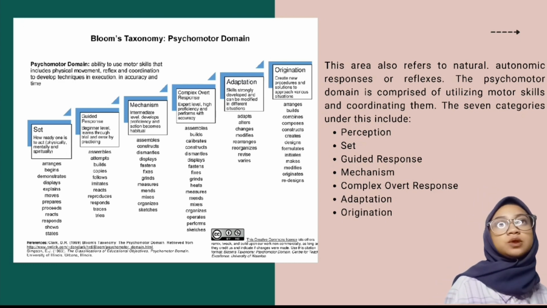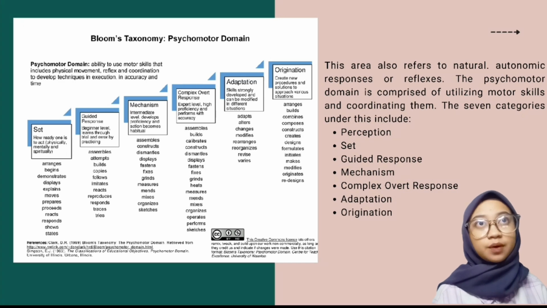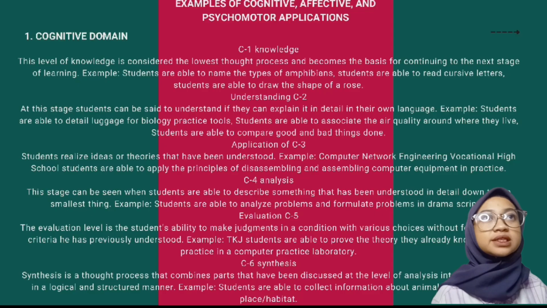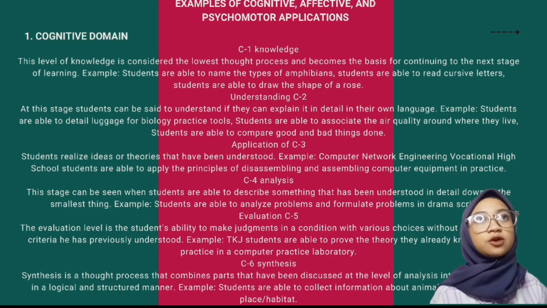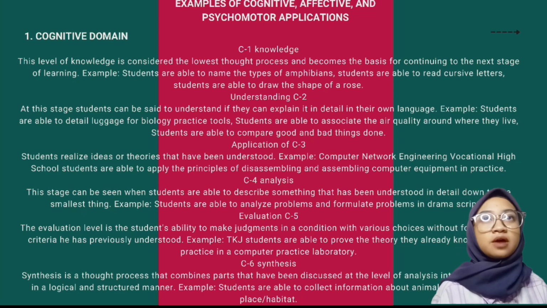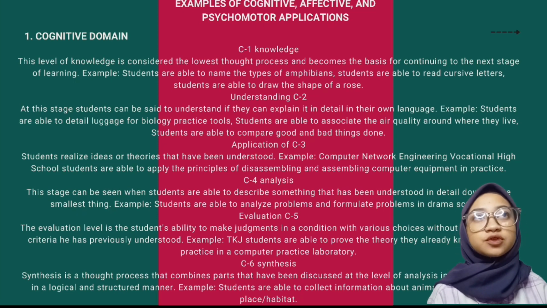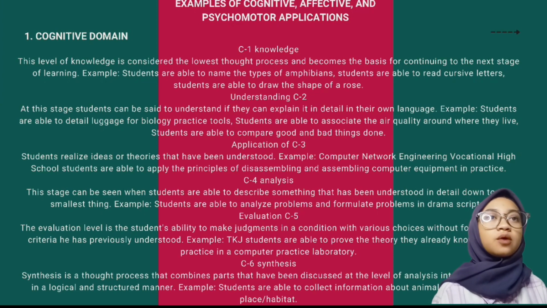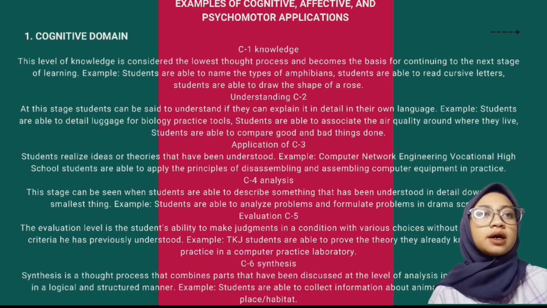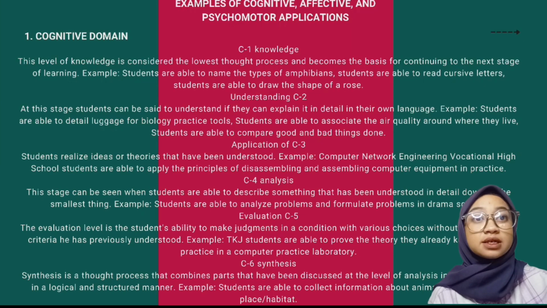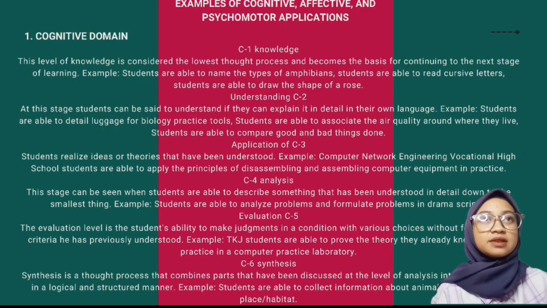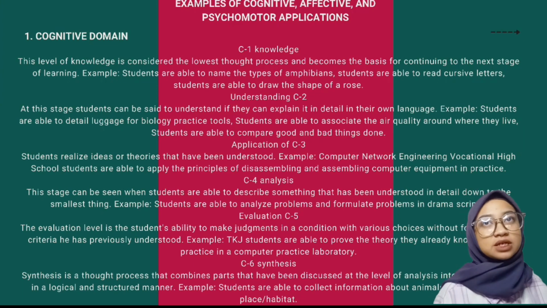And next we will discuss examples of cognitive, affective, and psychomotor application. The first is the cognitive domain example of application. We have C1 to C6. The first C is knowledge.